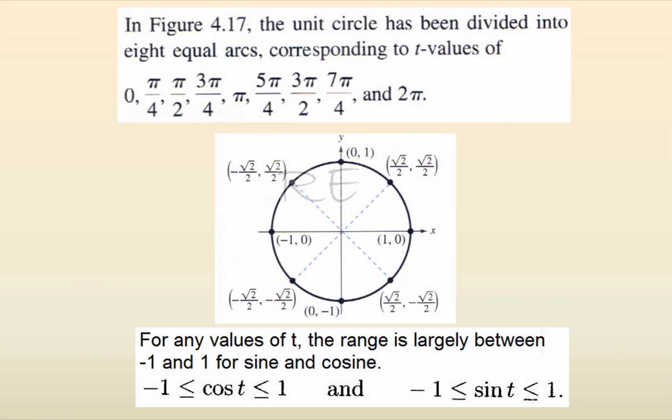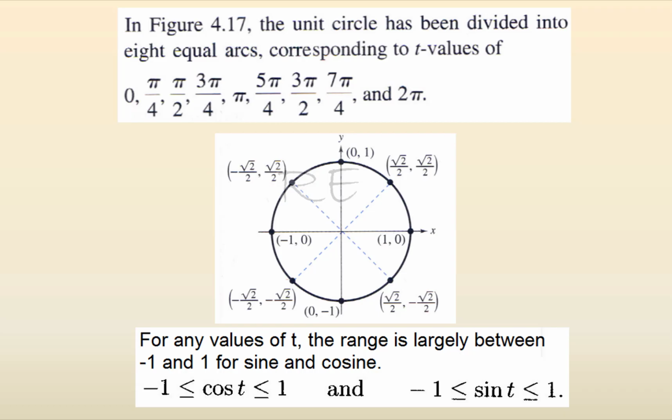In this figure, the unit circle has been divided into 8 equal arcs, each worth 45 degrees or pi over 4: 0, pi over 4, pi over 2, 3 pi over 4, pi, 5 pi over 4, 3 pi over 2, 7 pi over 4, and 2 pi.